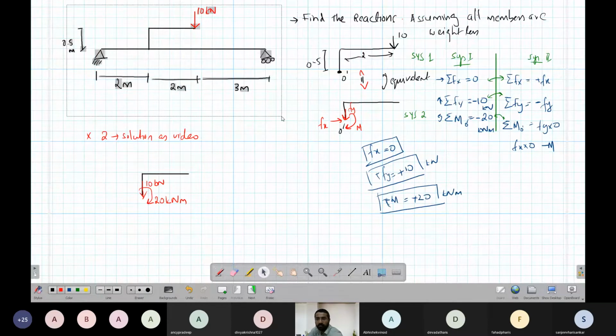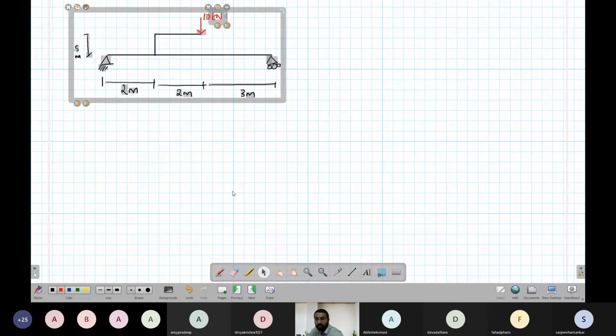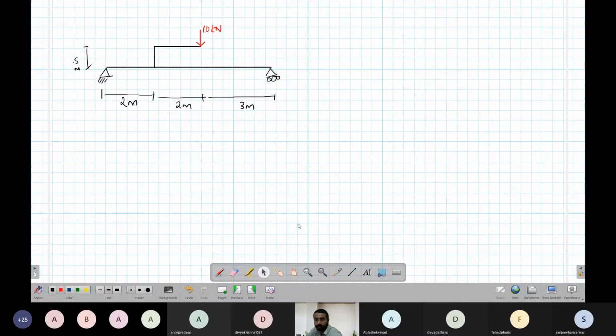This entire setup will become simpler. It has an equivalent force. That is why we found this equivalent force: this is 10, and there is a moment 20. Okay, so now it is simple.